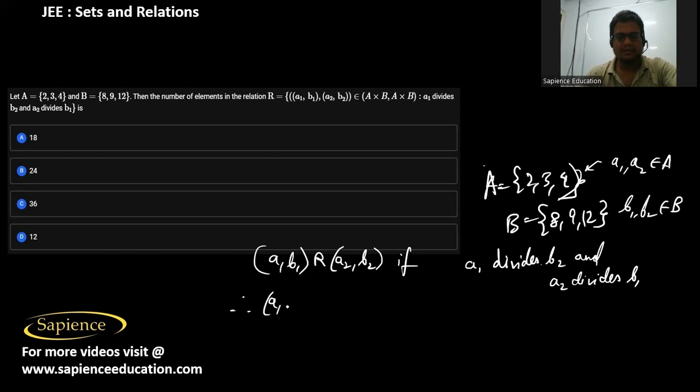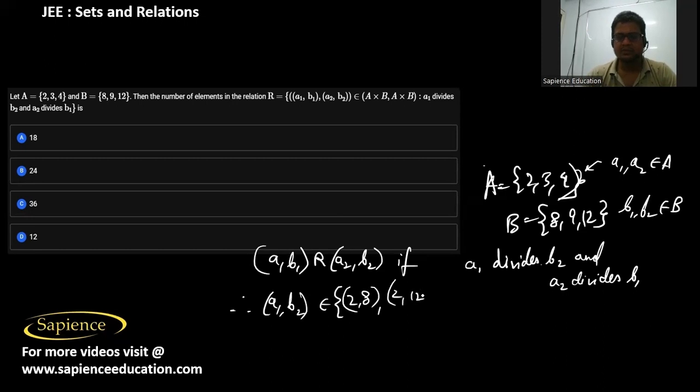So therefore A1 comma B2 will belong to the set. So A1 should divide B2, so it can be 2 comma 8, since 2 divides 8 and 2 divides 12 also.